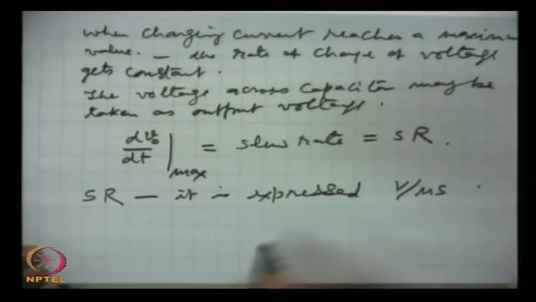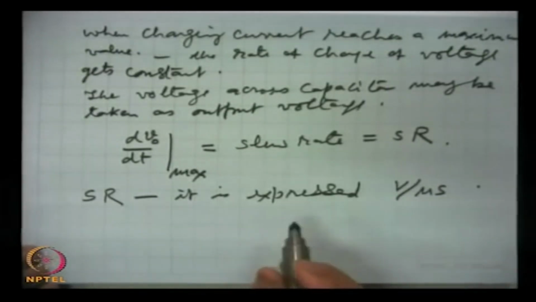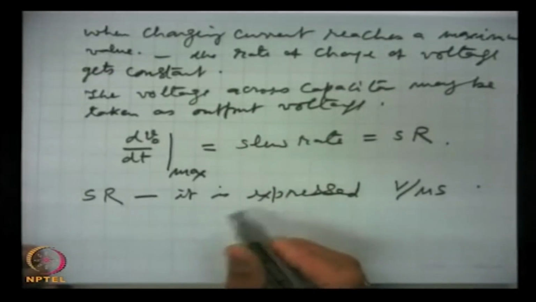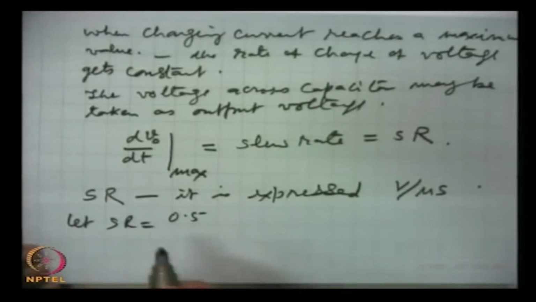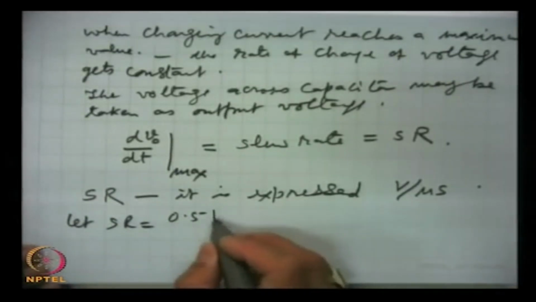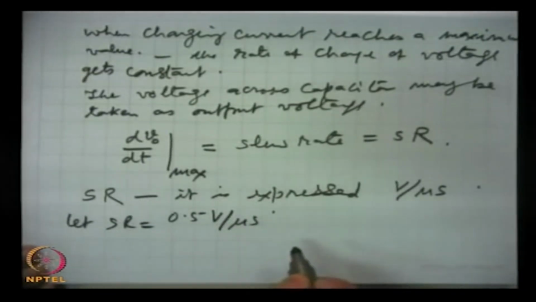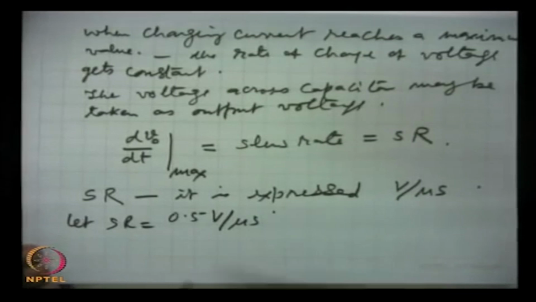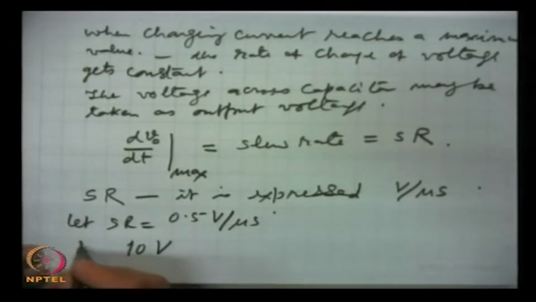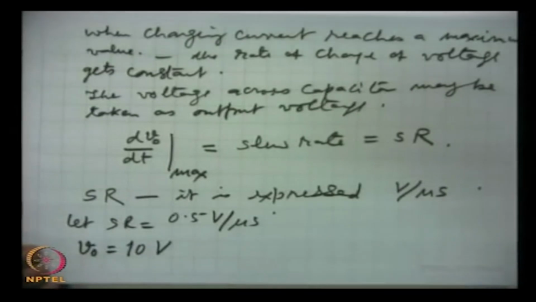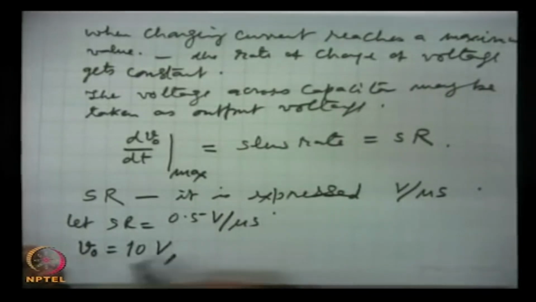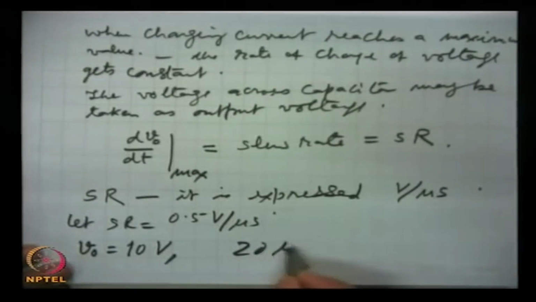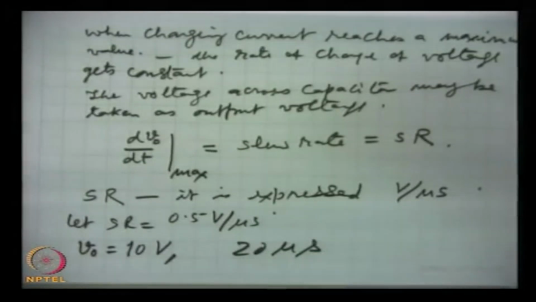So, if the slew rate is, for example, let SR be 0.5 volt per microsecond, and if the output goes as high as say 10 volts, then slew rate puts the restriction, and it says that it will take 20 microseconds for the output to rise to 10 volts.